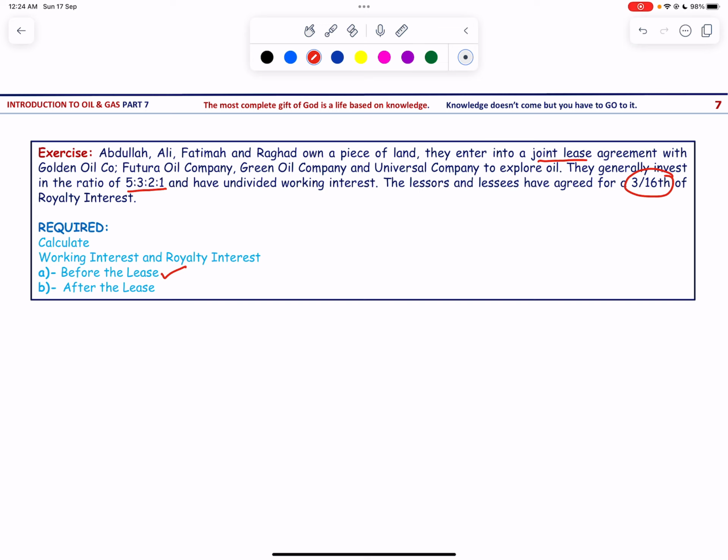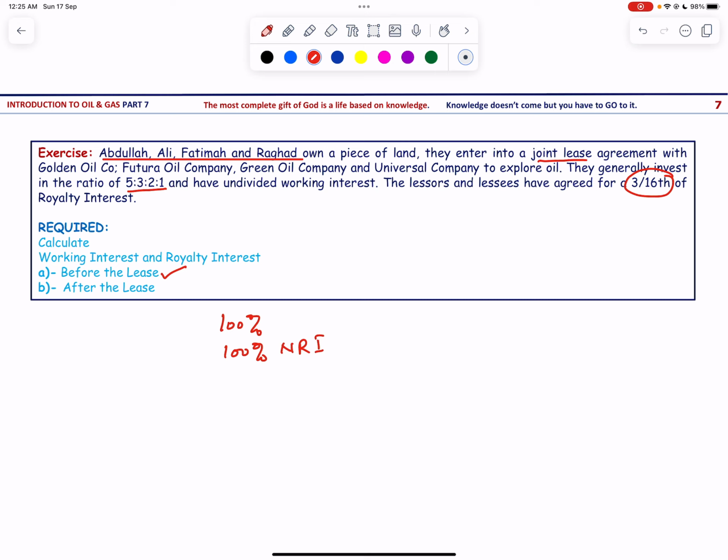So before the lease, the lessors own 100% working interest and also 100% of the net revenue interest as there is no lease agreement, and don't forget this is called grand bargain.